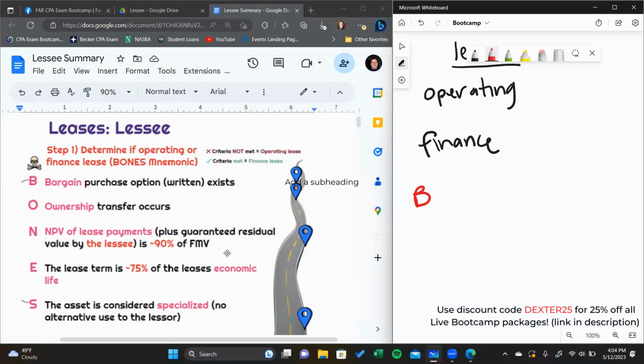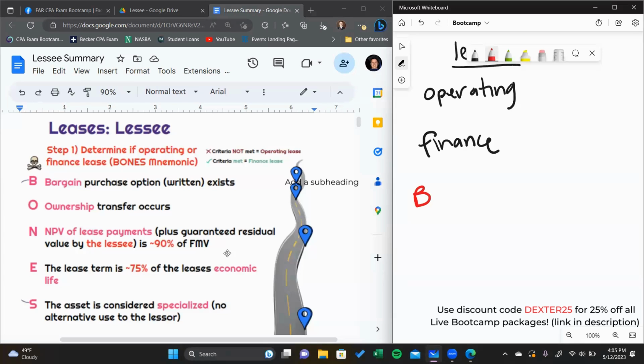If there's a bargain purchase option and it's reasonably expected to be exercised, then we would include that because it's basically like another lease payment that will be made at the end of the life of the lease to purchase the asset. And so we would include that in the present value for purposes of determining what to record the lease as, the amount, right?